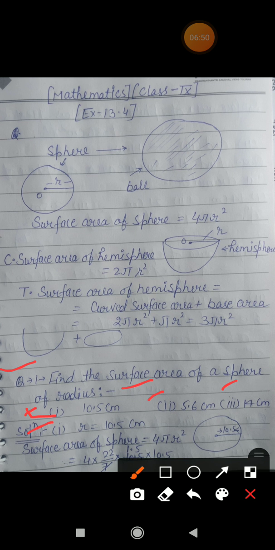Here the radius r is equal to 10.5, and you very well know the formula of surface area: 4 pi r square.